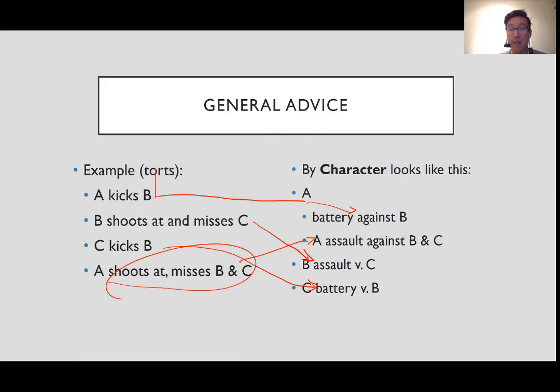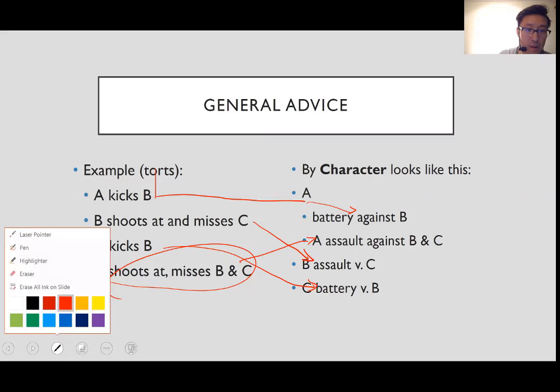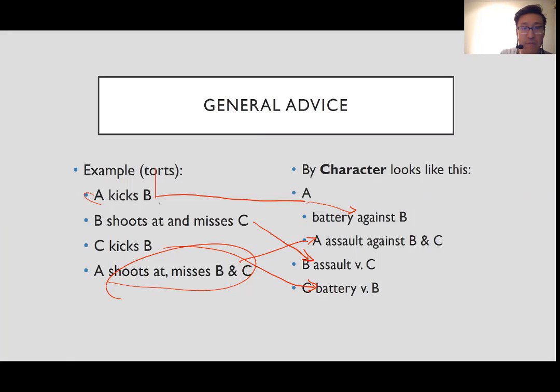The professor may be expecting, okay, A kicks B, B shoots at and misses C, and why am I here with A has committed assault against B and C?